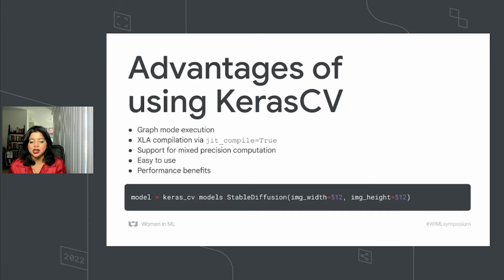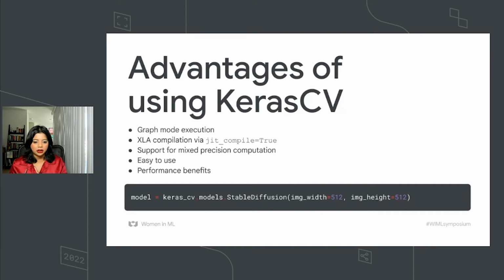You can also use XLA compilation. Just pass in that parameter as true for JIT compile. And then you also get support for mixed precision computation. And a couple of things about KerasCV in general. This API is very easy to use. You can pull this off the shelf and use it for whatever your use cases are. And there are several performance benefits to it, which I will get to.